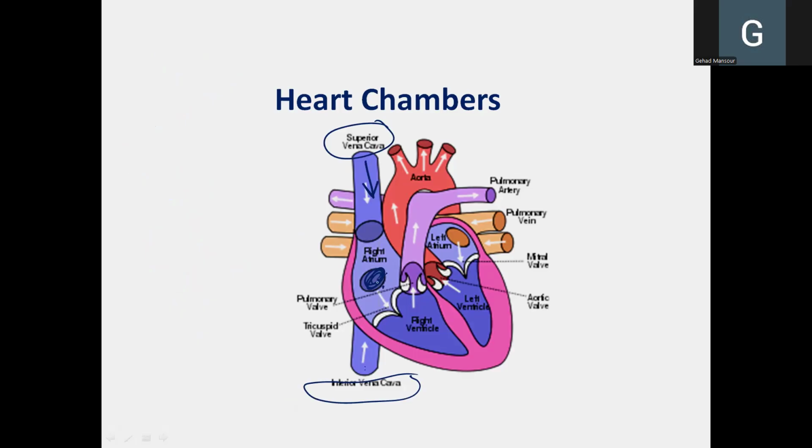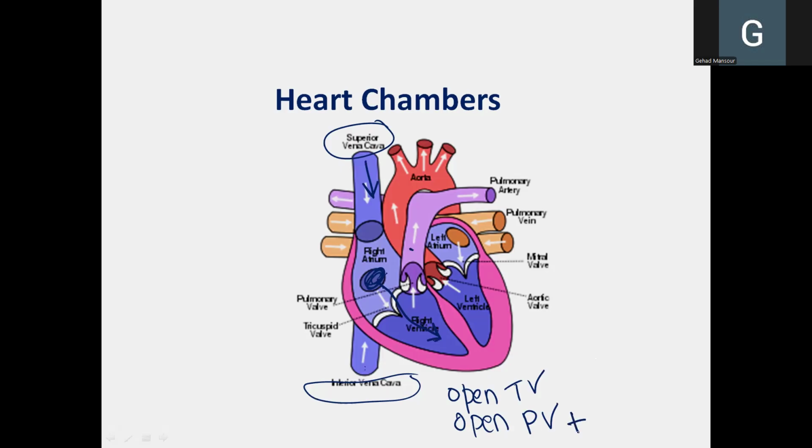And then deoxygenated blood passes across an open tricuspid valve to the right ventricle. And then the right ventricle pumps this deoxygenated blood through an open pulmonary valve to the pulmonary artery.